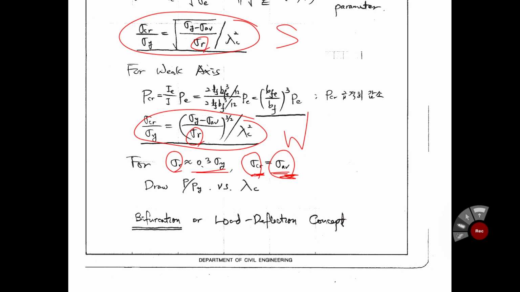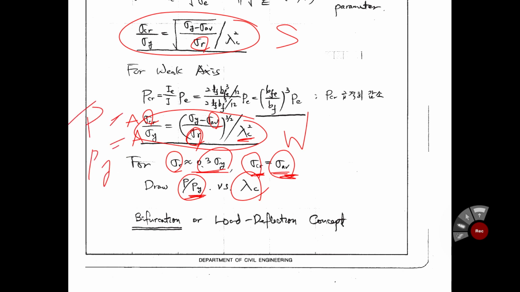So they must be identical. Sigma r equals this one. So we can draw P over Py versus lambda C, which is this one. P over Py means if we multiply A here, then this is Py, this is P.